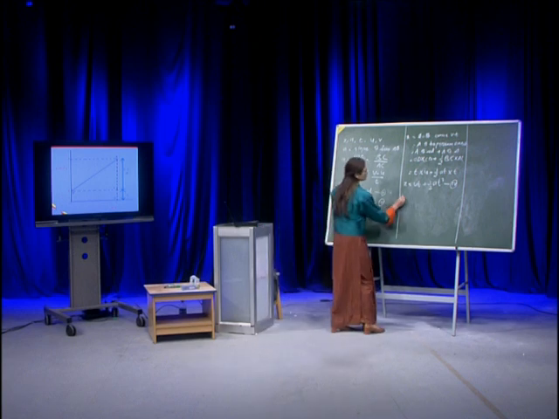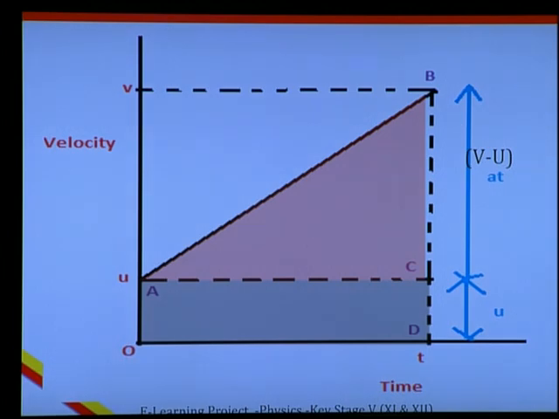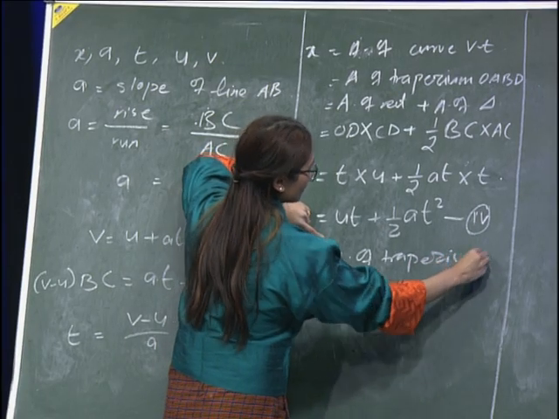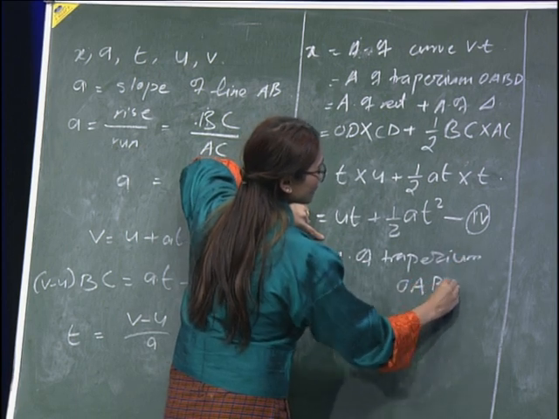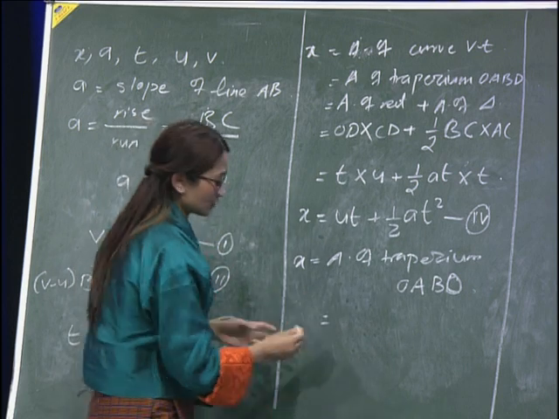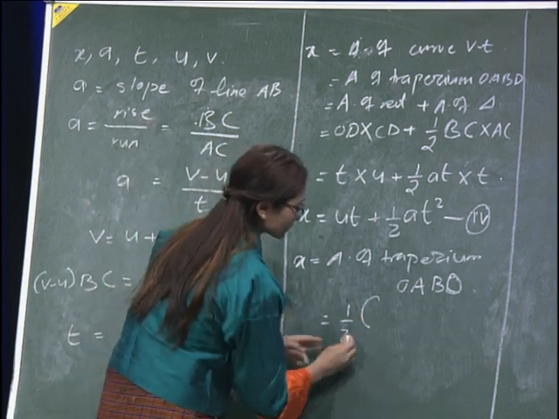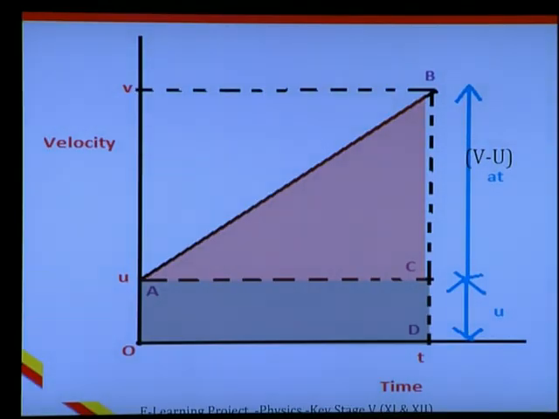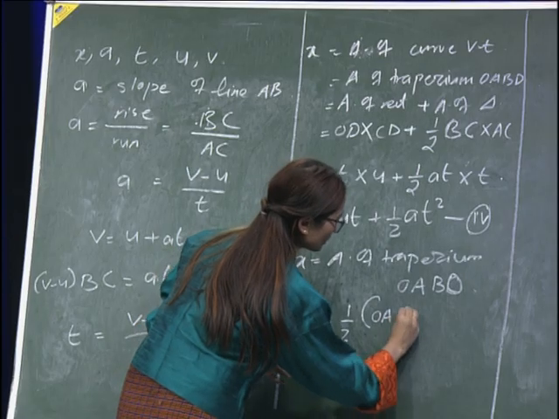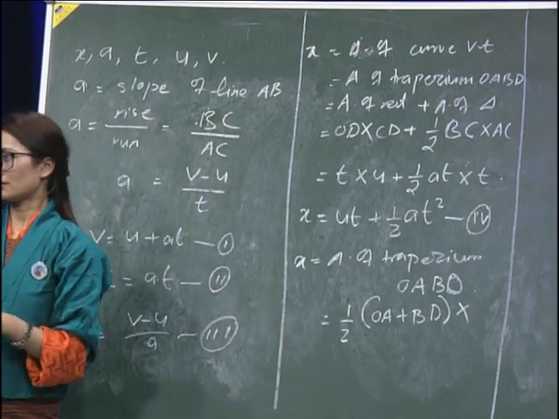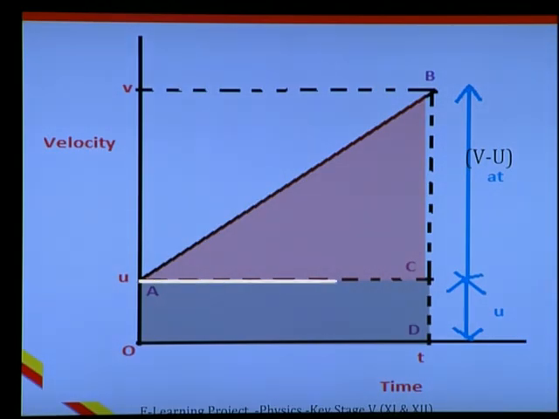So, if you just calculate the area of trapezium OABD, the formula to calculate the area of a trapezium is half times the sum of the two parallel lines here, and the two parallel lines we can see are OA and BD. So, OA plus BD times the height here, and the height here is AC.